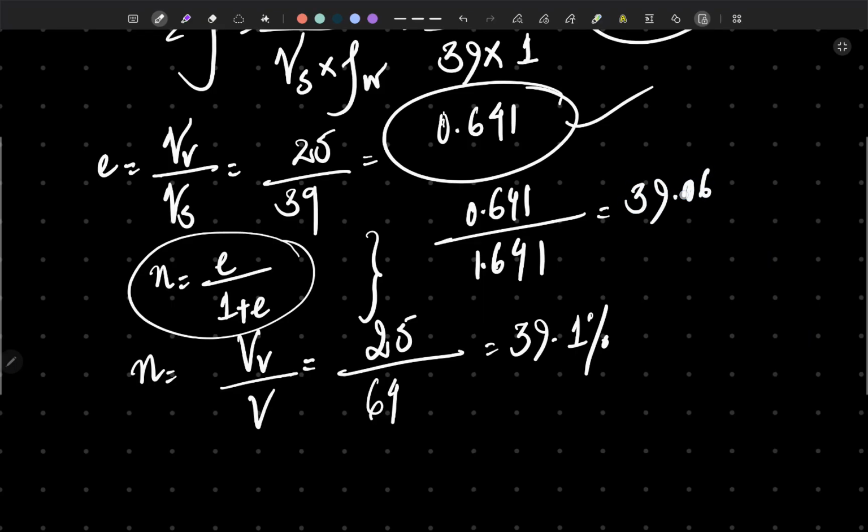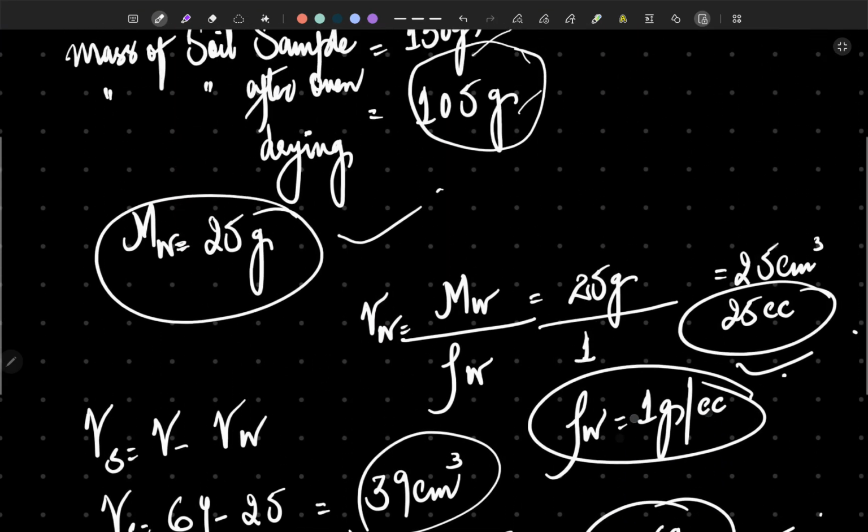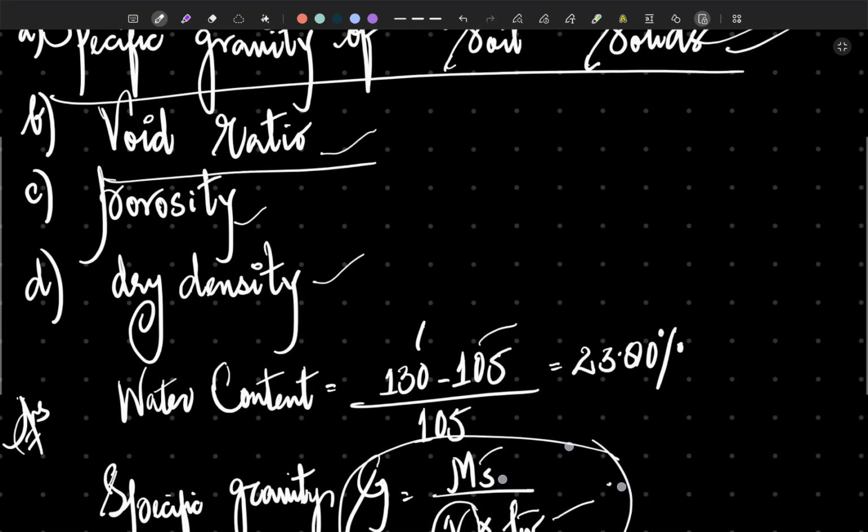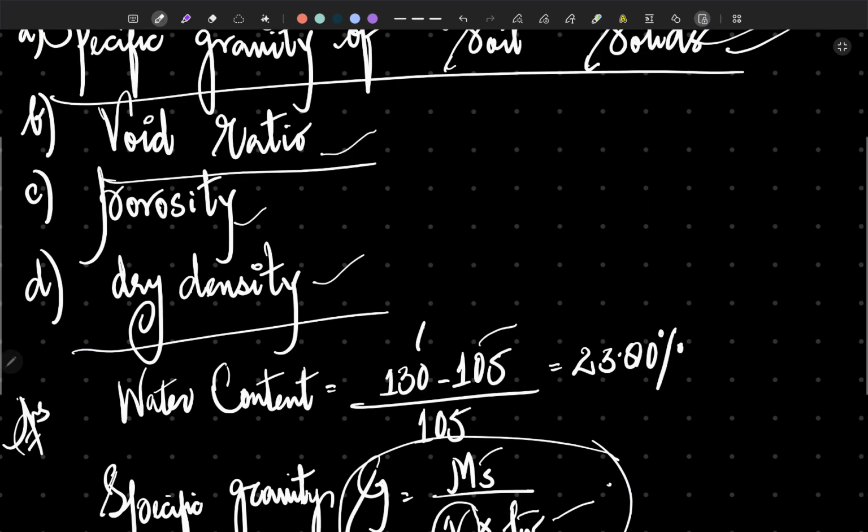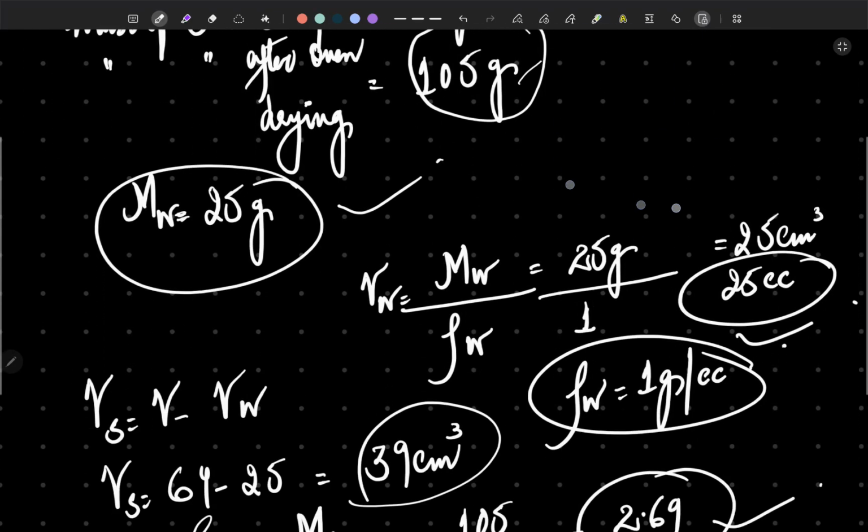So we can use either of the equations to find the porosity. Alright, so the third parameter has been found as well. Now we need to find dry density, and that's the last thing that we need to find.